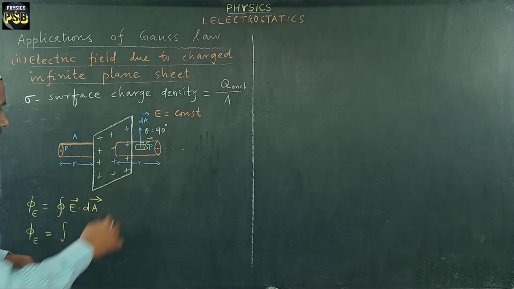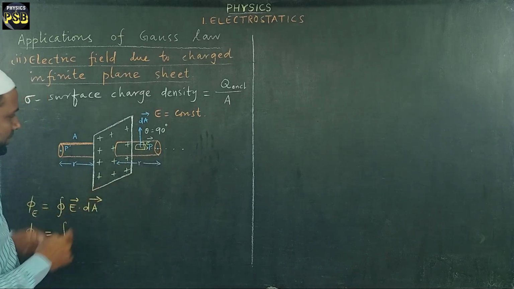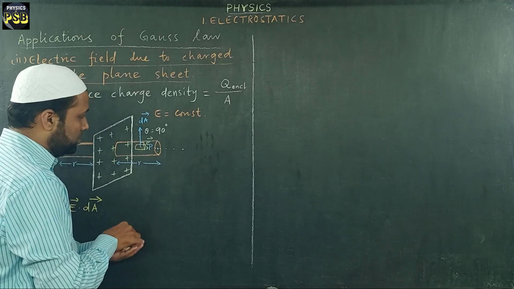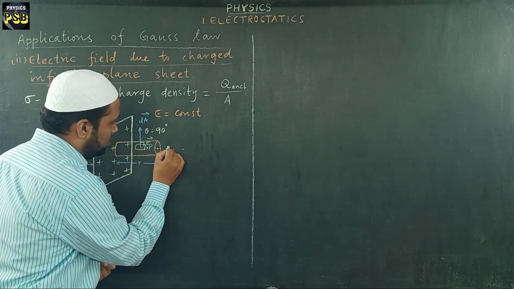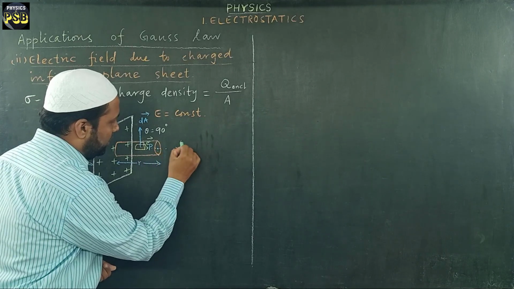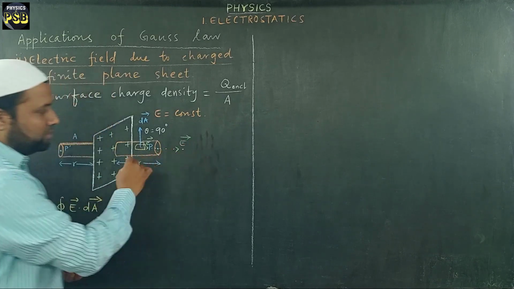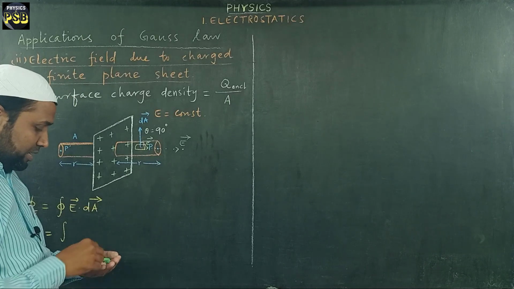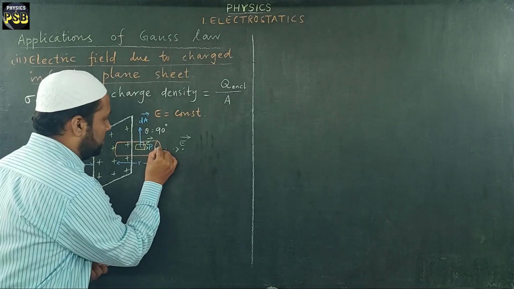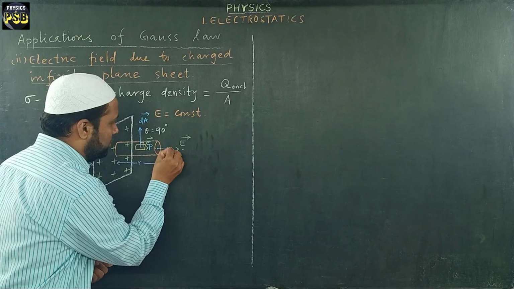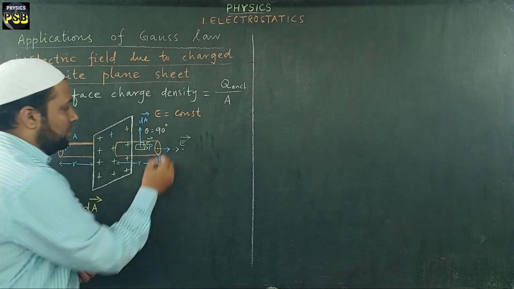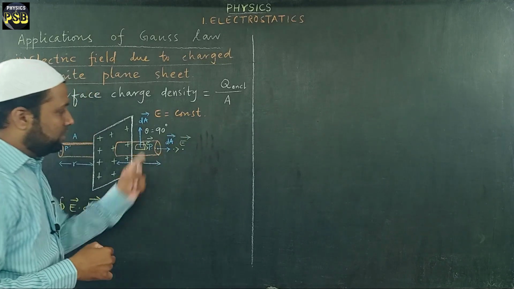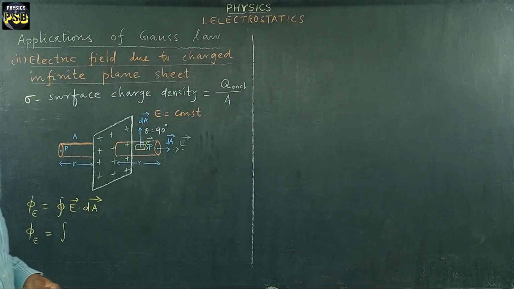Whereas when we talk about the point P and point P dash, here the electric field acts in this direction, and the area element also has direction acting in the same way.